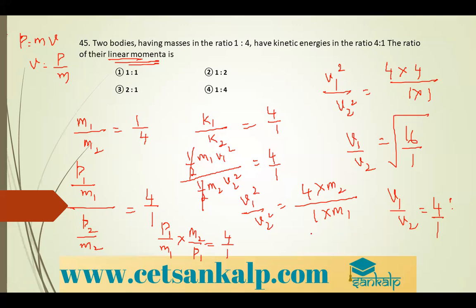Correct, so what ratio do I need? p1 by p2 is equal to 4 divided by 1 into m1 by m2. So again it is 4/1 into 1/4.